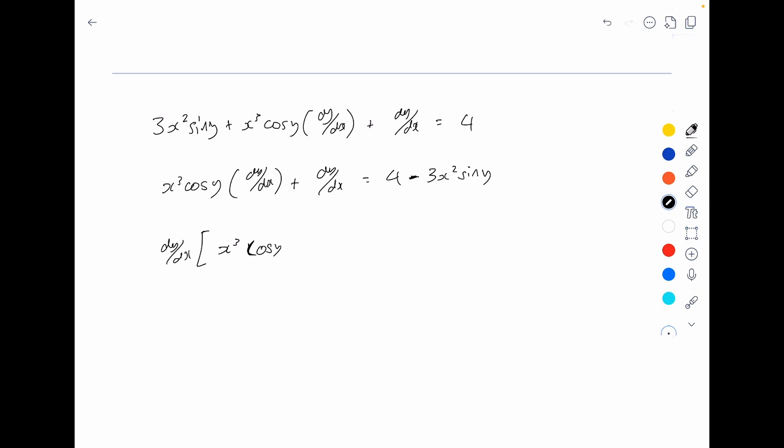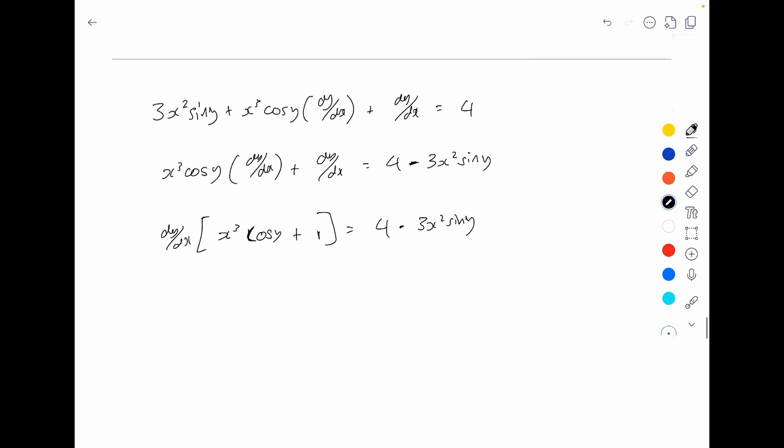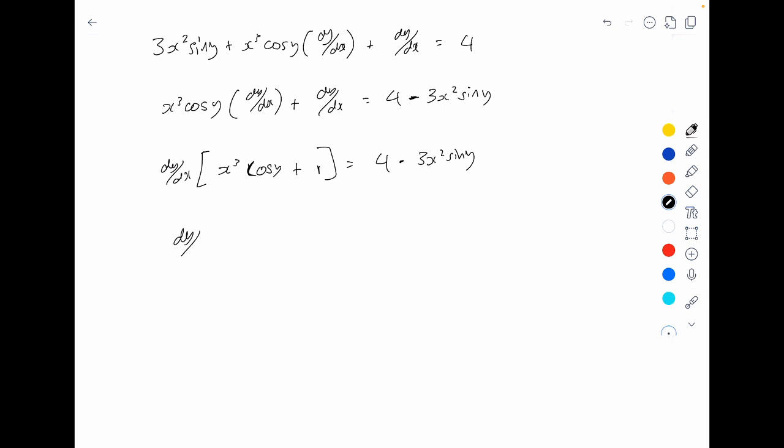We've got (x cubed cos y plus 1) equals 4 minus 3x squared sine y, which means that dy by dx is equal to (4 minus 3x squared sine y) over (x cubed cos y plus 1). And that's going to be your final answer to that question.